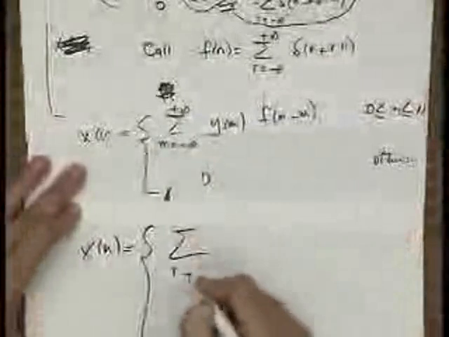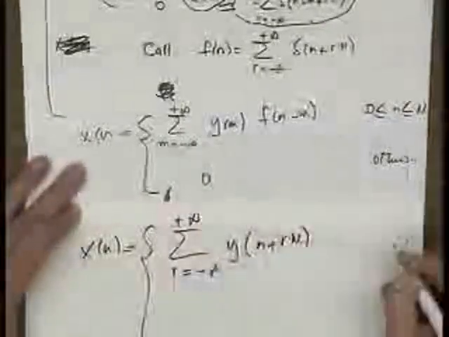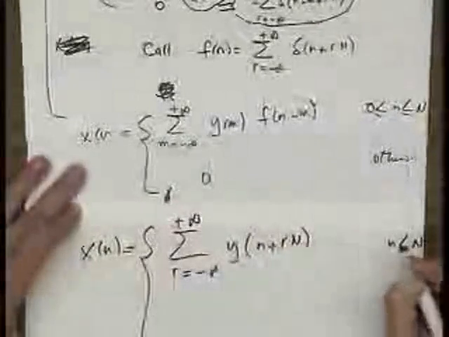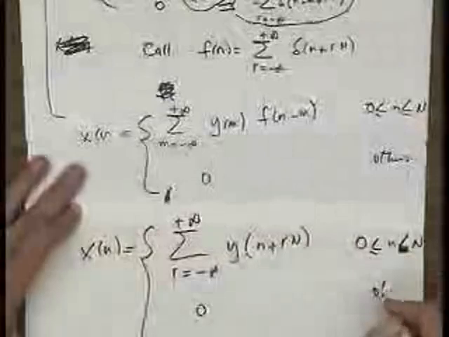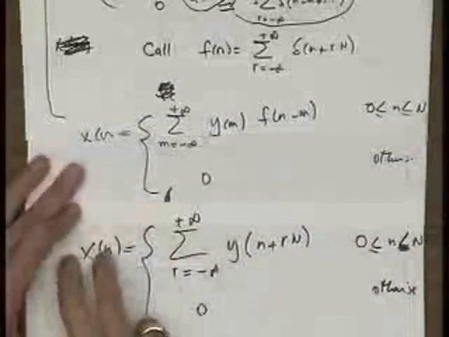So this is nothing but, let's just write it out. Again, R from minus infinity to plus infinity, y of n plus Rn, for n in between n and 0, and it's 0 otherwise. Done.